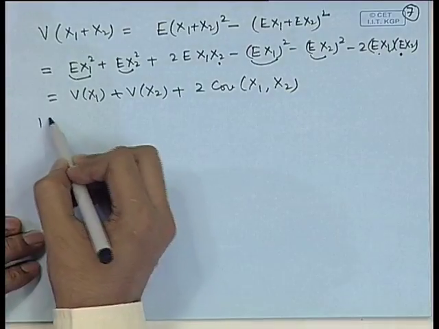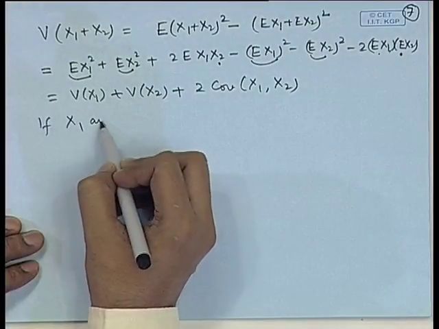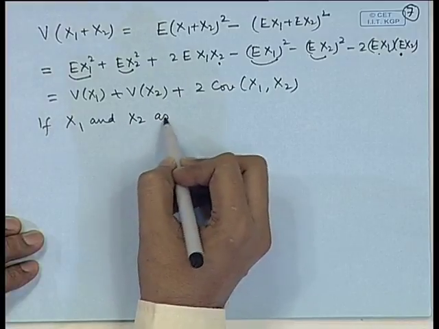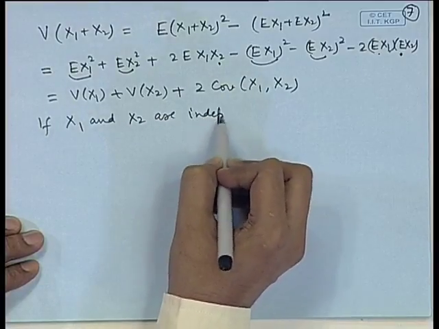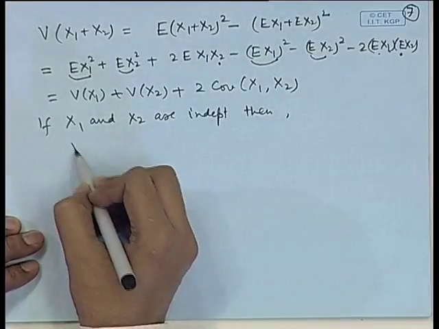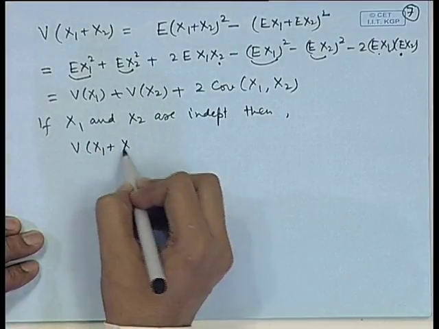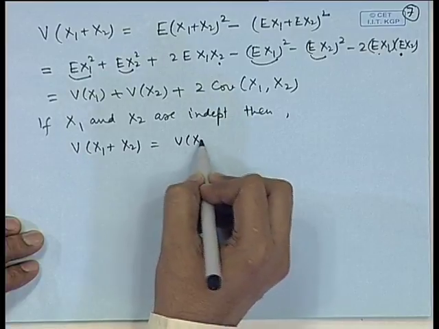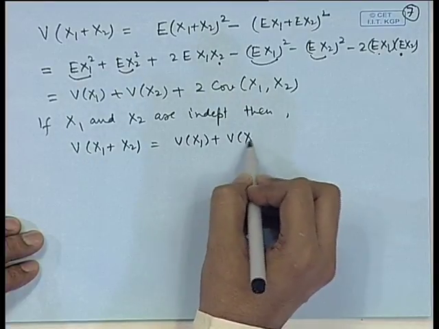Now, if x 1 and x 2 are independent, then the covariance will be 0 and therefore the variance of x 1 plus x 2 will be equal to the variance of x 1 plus the variance of x 2.